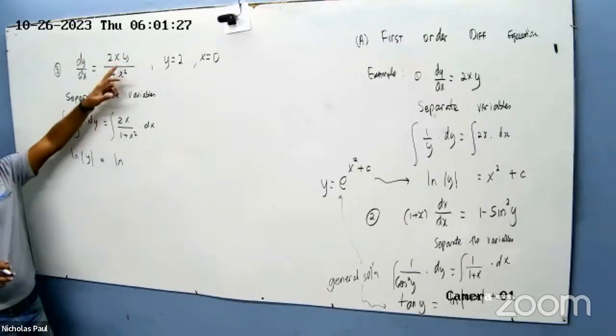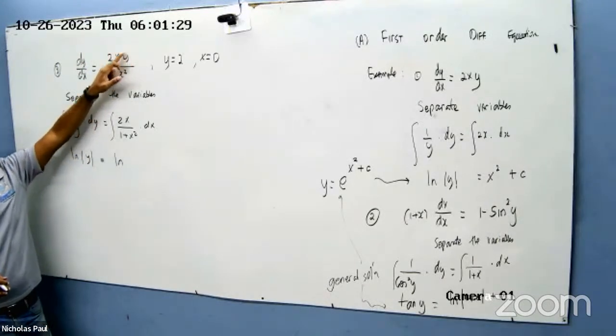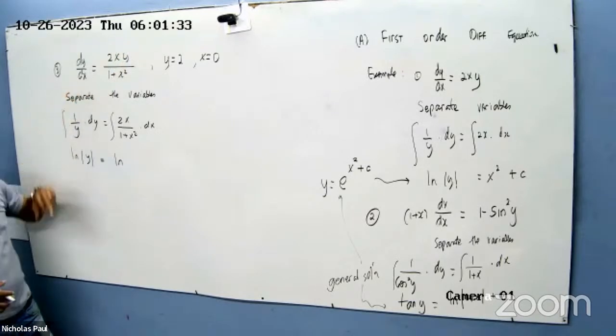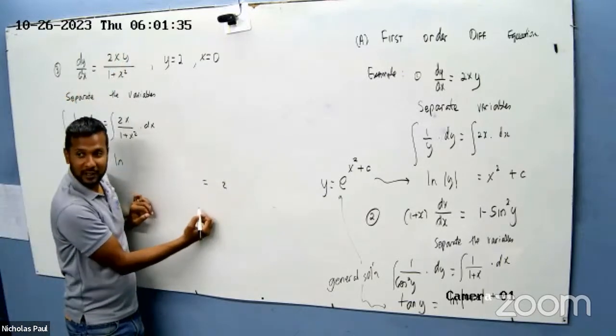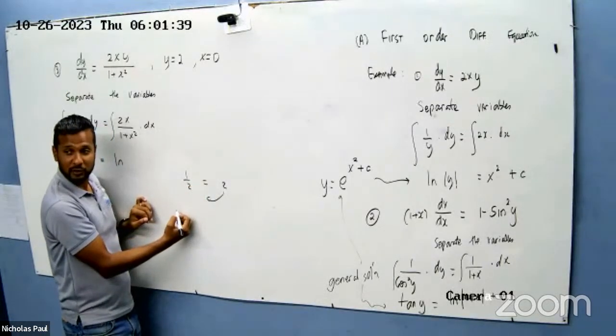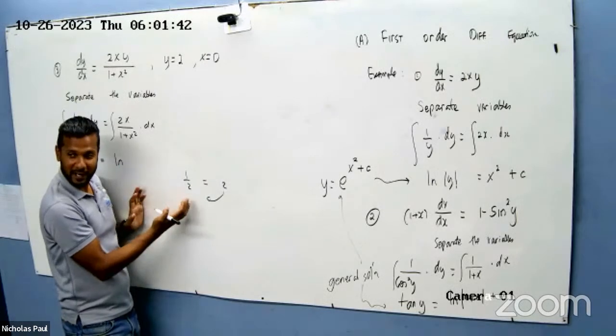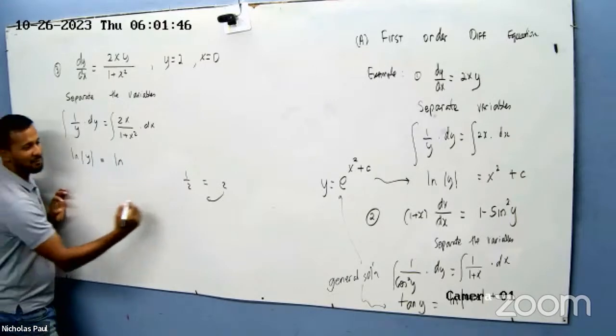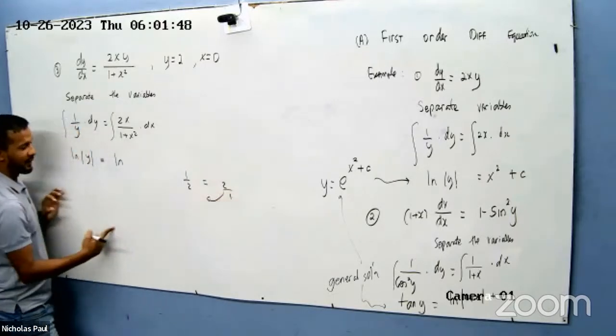So when you bring it here, it'll be 1 on y. If you have 2 and you bring 2 across the equal sign, it becomes 1 on 2. So this is y and you bring it across, it becomes 1 on y. And remember, this is 2x on 1 plus x squared.